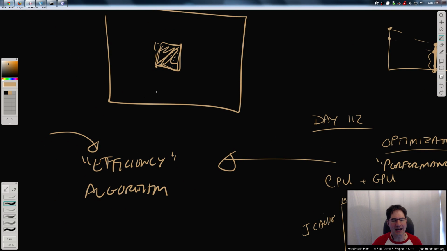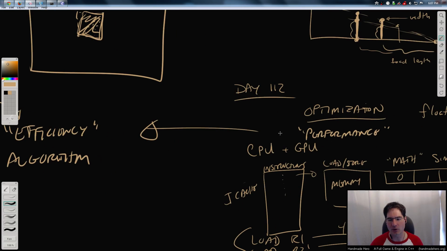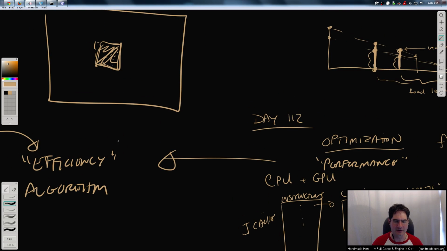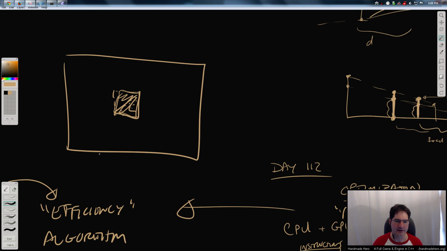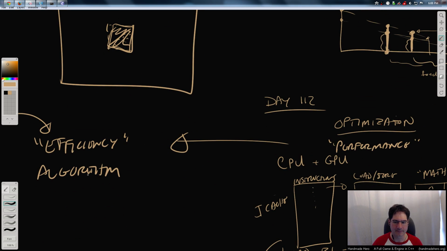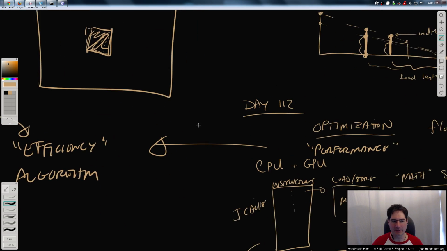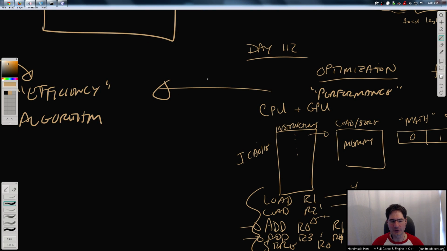But in this case, we kind of know roughly what we're doing. We'll talk about a little bit of this because we do have a little bit of it to do in the software renderer, but most of our work on the software renderer will be this kind, because we kind of know at the end of the day that we've got to do pixel filling, right? Okay, so that's everything really about optimization in terms of the high-level overview. We have efficiency, we have performance.